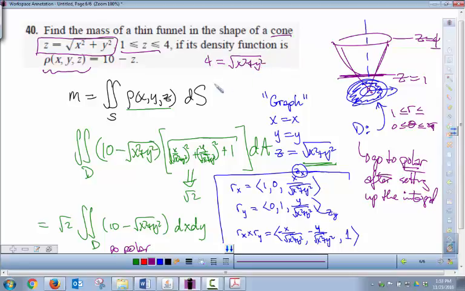Take the square of both sides. Oh, maybe it is 4. Is it 4? I think it's 2. All right, we'll go with 4.